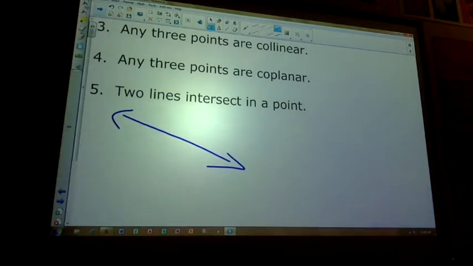Will that line right there intersect with that line right there? Maybe, it could. They are on different planes. This is on the front wall plane. This is on the side wall plane. This line right here, and that one, that's going to go above it or below it. So is this line here going to intersect with that line right there?